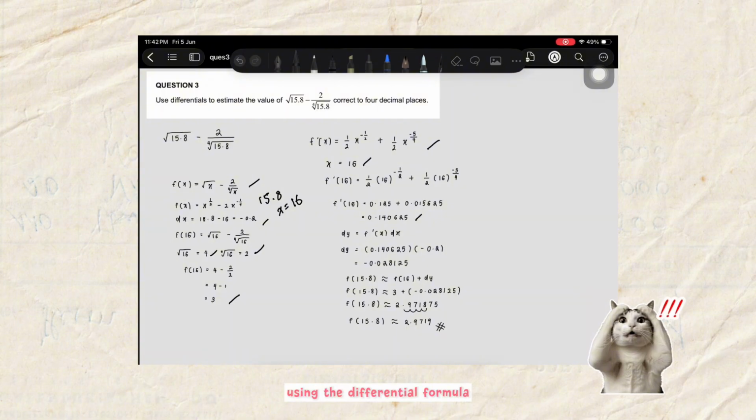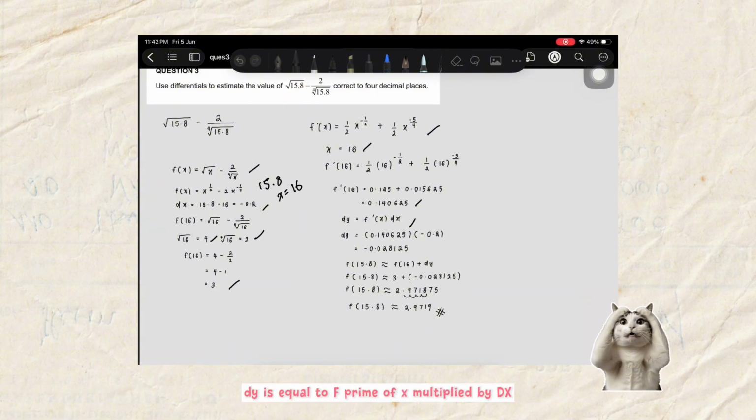Using the differential formula, dy is equal to f prime of x multiplied by dx. I get negative 0.028125.